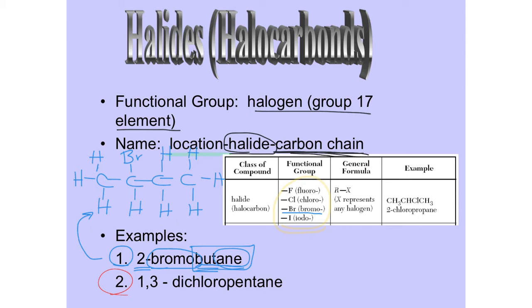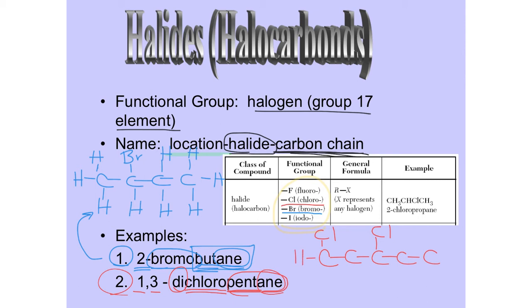All right, we have 1,3-dichloropentane. So we start at the end with pentane. Pent means 5 carbon atoms, so we draw our 5 carbon atoms. Then ane tells us that those 5 carbon atoms are connected with single bonds. All right, then we see chloro. Chloro means we have chlorine. Di means that we have 2 chlorines, and they come off of the first and the third carbon. So off of the first carbon we have a chlorine, off of the third carbon we have a chlorine.